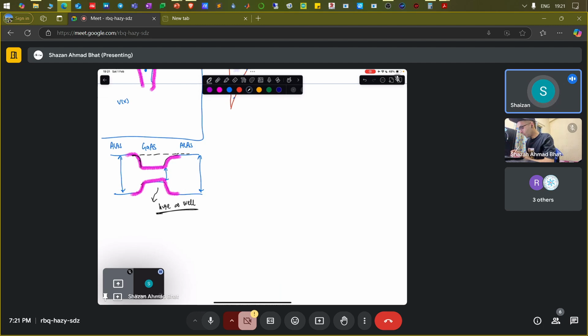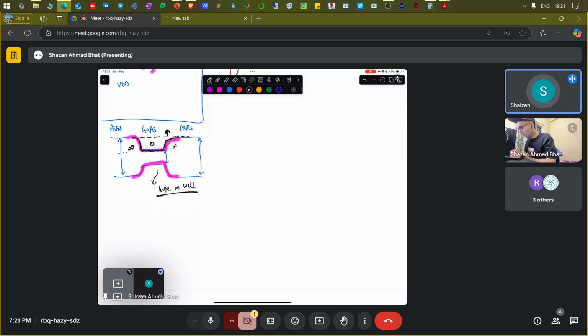That means the potential outside is huge. Let's consider this as infinite, and inside the potential is zero. That means outside the potential is going to be some positive value. You have zero potential here, and outside is infinite potential. If you draw V as a function of x, this is x.